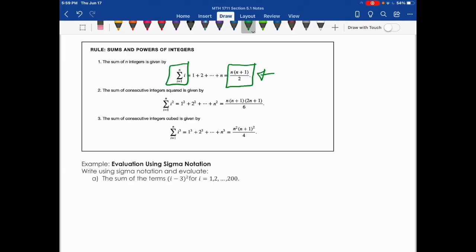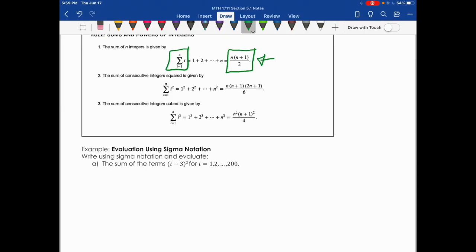So if we were doing find the sum of I from 1 to 10, my n would be 10. That's my ending value. So I would put in the formula 10 for n, and I could find out what that value is.